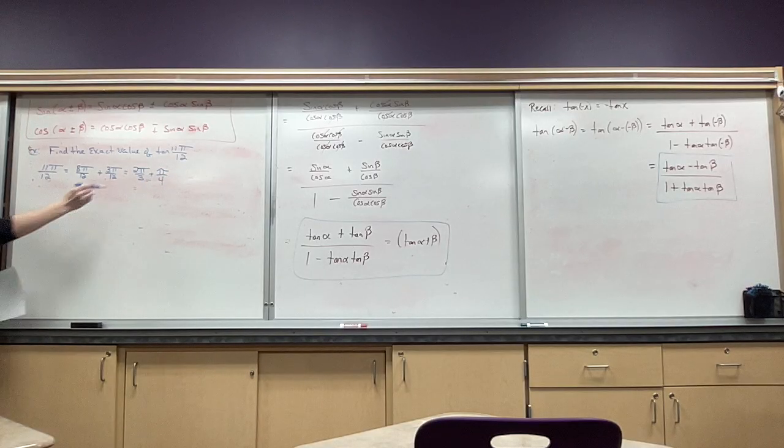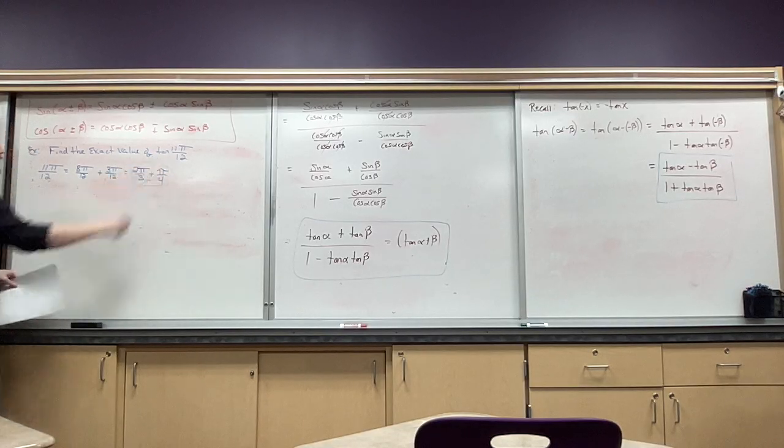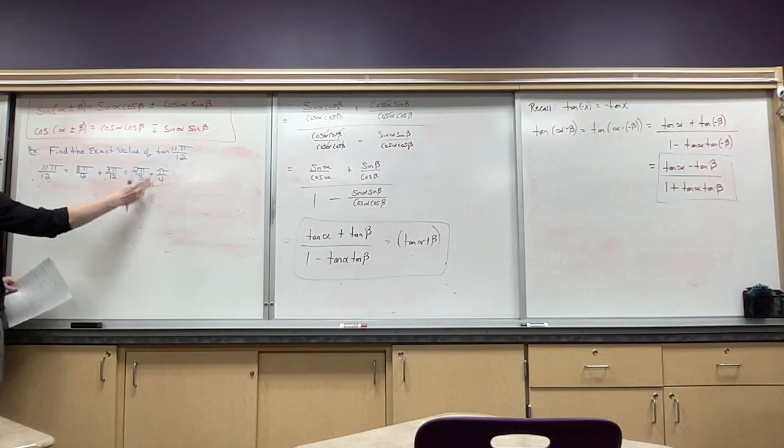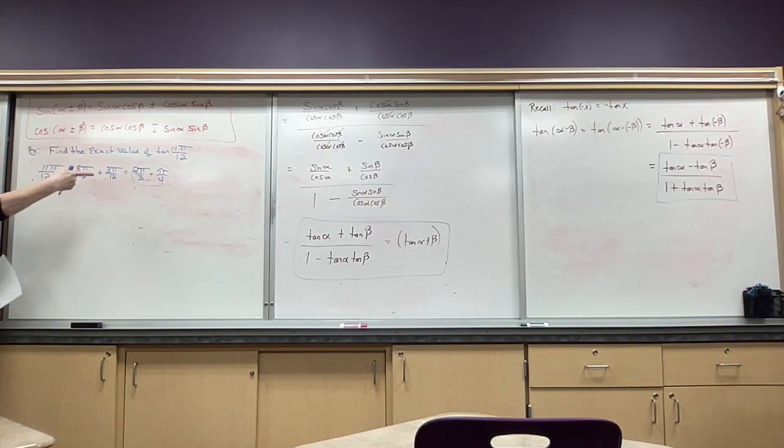So that's going to allow me to now evaluate this guy, okay? So again, when you first split it up, it doesn't look like it until you reduce. Now, if you split it up and it doesn't reduce to something like this, well, that's okay. Just go back to the drawing board. Maybe pick two other numbers that add to it. Okay, so let's use it. So we have tangent of 2 pi over 3 and pi over 4. And it's still on the board, which is nice.